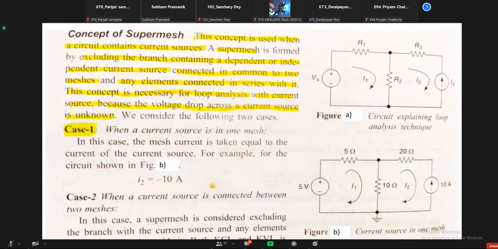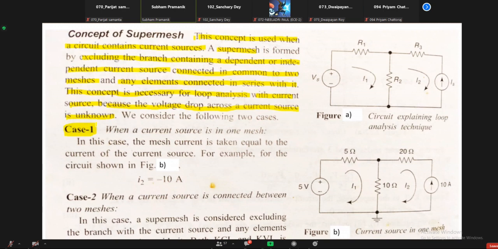Okay, I shall explain supermesh for two different cases, then you will definitely understand. Just wait a minute. For the time being, just know that supermesh is applicable when a circuit contains a branch where we have a current source, or if the branch contains a current source along with some series circuit element.